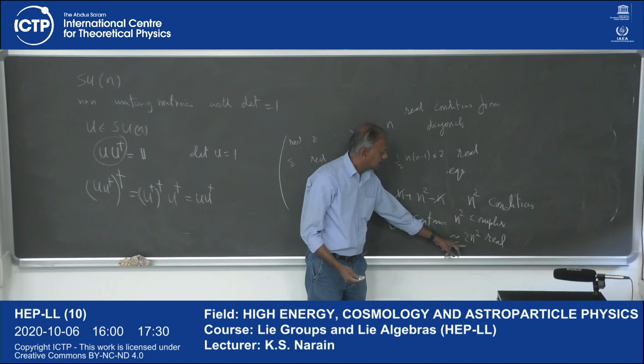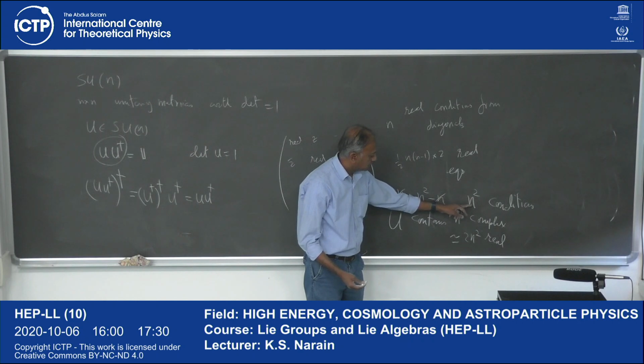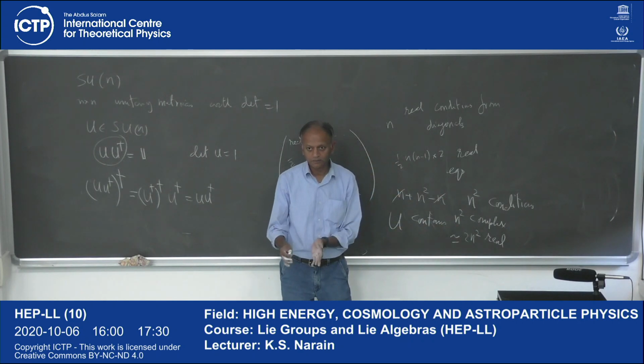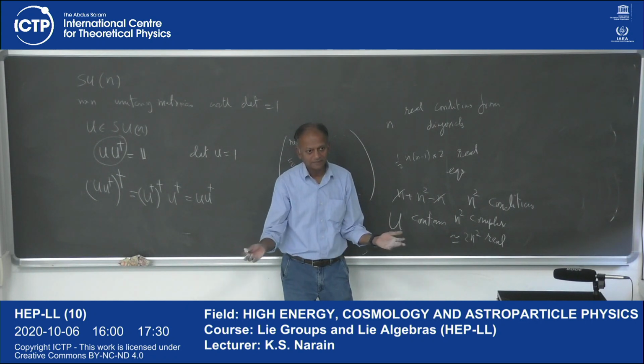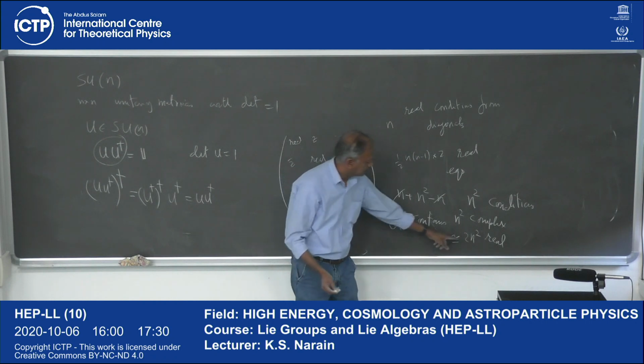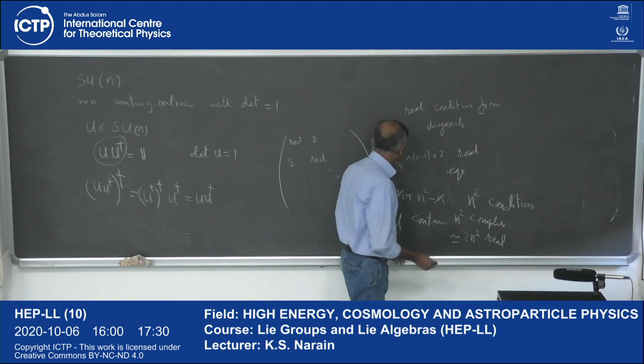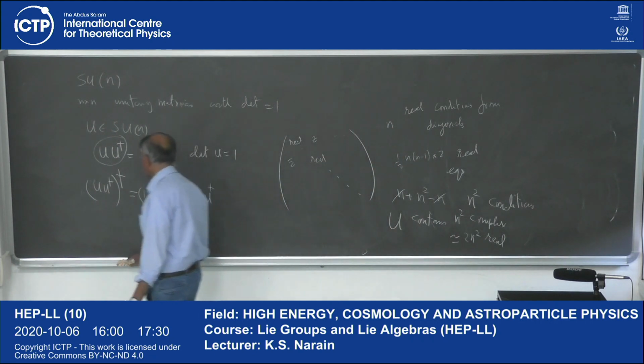By solving these equations, you fix n squared of those variables, but n squared will still be free. So the number of free variables is n squared.